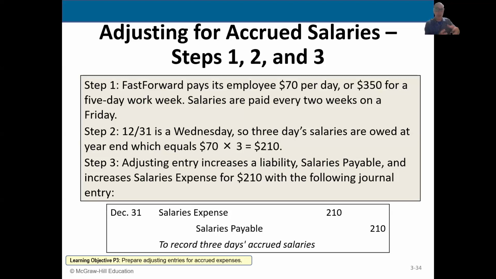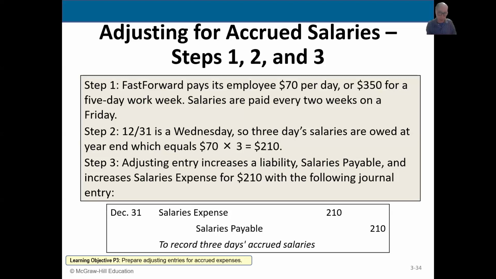The end of the year just so happened to fall on a Wednesday. Okay, so that means I need to accrue wages for 3 days, Monday, Tuesday, and Wednesday. So I take $70 times 3, gives me an accrued salary of $210. I need to enter that in the month of December.